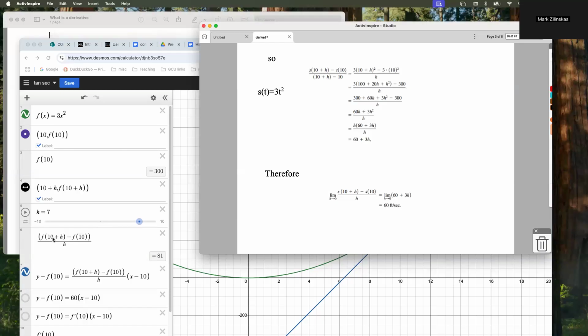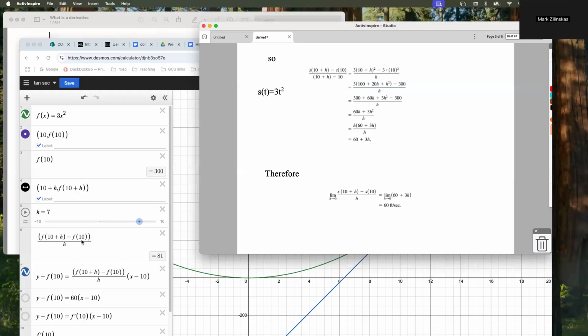So this will be f of 17 minus f of 10, and then 17 minus 10 would just give me h. 17 minus 10 is 7, so 7 would be here. And if I plug in, I get 81 here. Notice if I just plug into this expression over here, if I put a 7 in for h, I get 60 plus 3 times 7, which is 21, so 60 plus 21 gives 81.